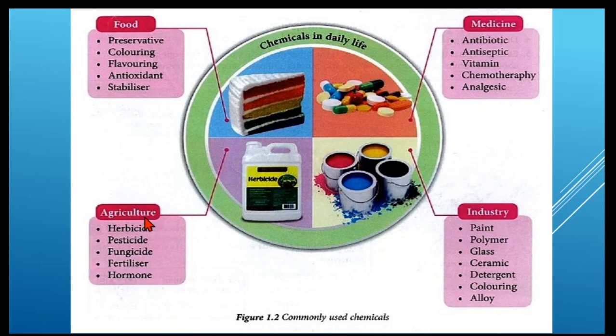Semua ini racun rumpai, racun serangga, baja, semua itu adalah chemicals. In industry, paint, polymer, glass, ceramic, detergent, coloring, alloy, semua itu adalah chemicals. And also in our medicine, antibiotic, antiseptic, vitamin, chemotherapy, analgesic, semua itu adalah chemicals.